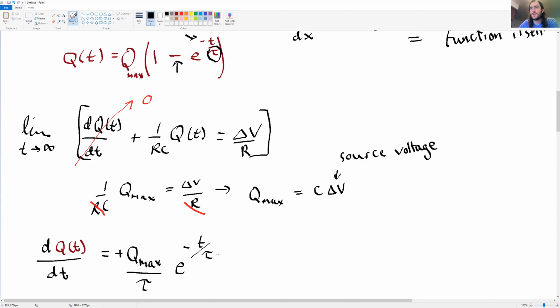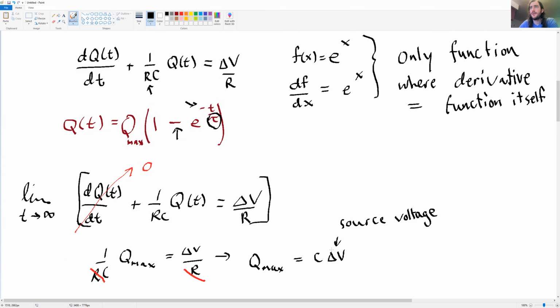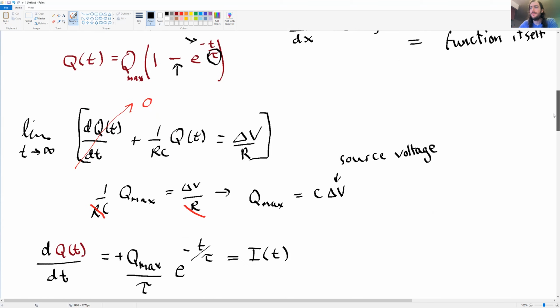Okay, and so what is tau here? Well, this is the current flow in the circuit, right? So this is I of t. So this should add to 1 over RC times Q of t.